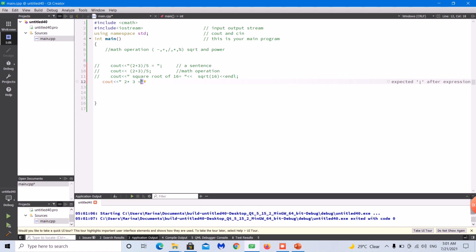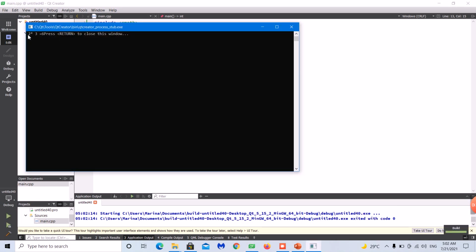Equals 2, and notice that this is a sentence that will be displayed later on. And then cout without the double quotations, the same thing, 2 times 3 without the equal or the double quotation, and then semicolon, do not forget this. So 2 times 3 equals 6.